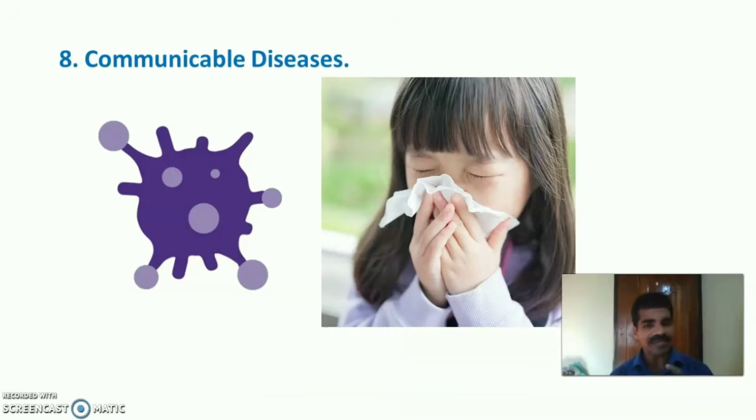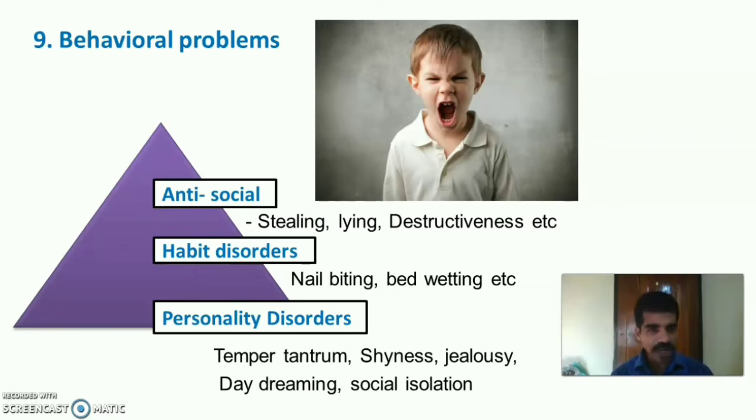Then communicable or infectious disease problems are common at this age. School children are very prone to common infectious or communicable diseases in this age group, such as measles, mumps, diphtheria, pertussis, etc. The last common problem is behavioral problems. That includes mainly antisocial behavior problems, habit disorders and personality disorders.